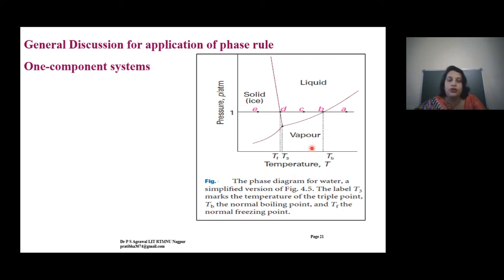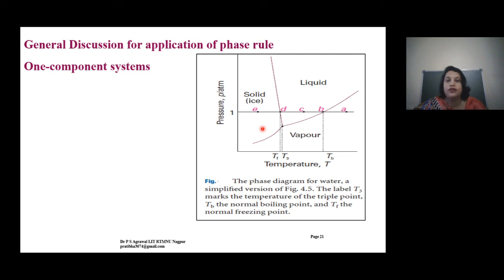And the point O is a point which has fixed pressure and fixed temperature. So that's why we don't need any more degrees of freedom, because with a change in pressure or temperature, this will not happen for this point. This is fixed, having fixed pressure and temperature. That's why it is non-variant. It has 0 degrees of freedom.